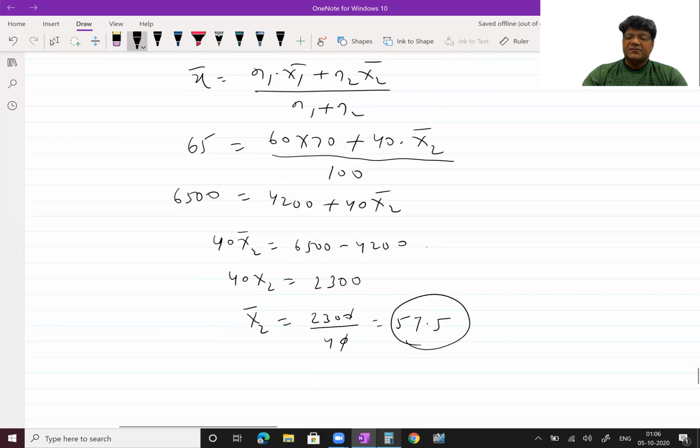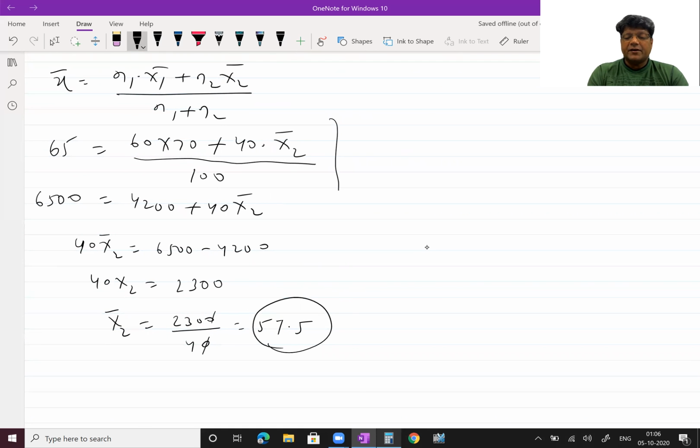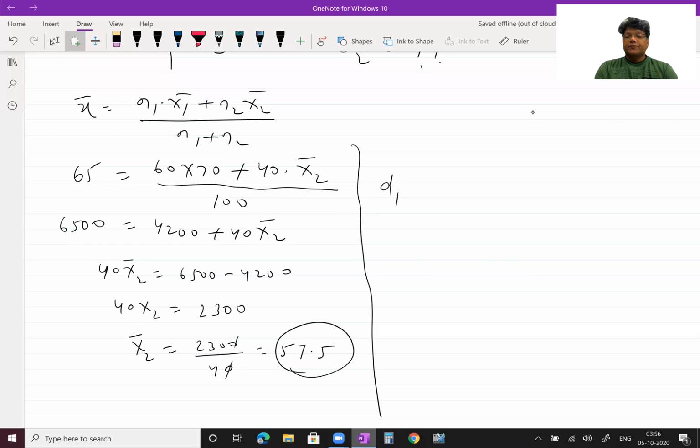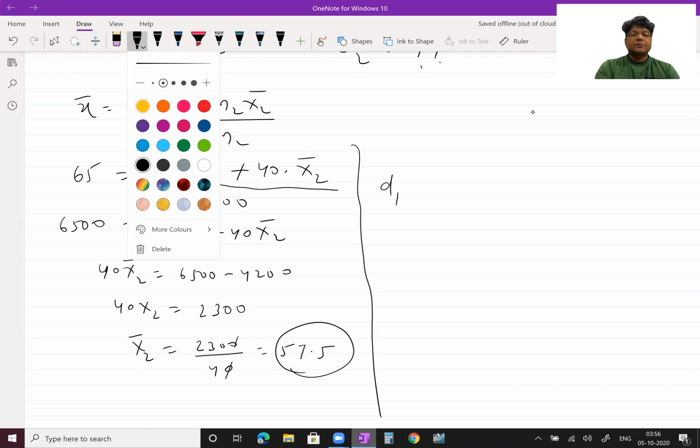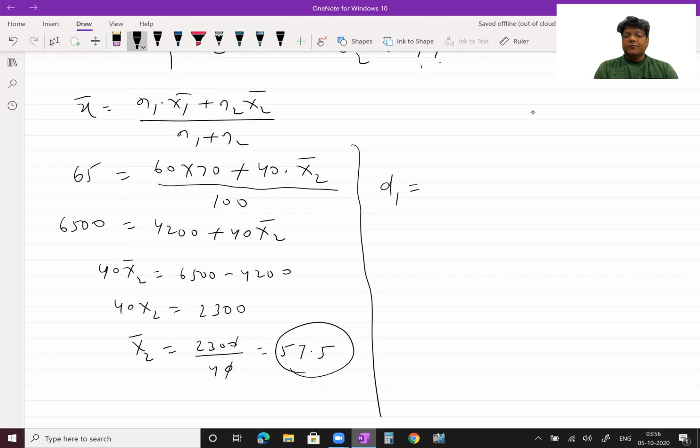This is the value of X2 bar. Immediately we will get D1 and D2, because the D1 formula you know. D1 is equal to the first group mean X1 bar minus the combined mean we have calculated: 70 minus 65 equals 5. Similarly, your D2 will be X2 bar minus X bar.